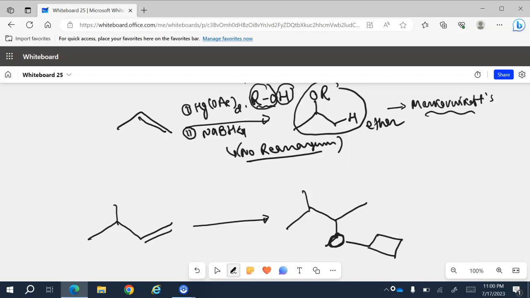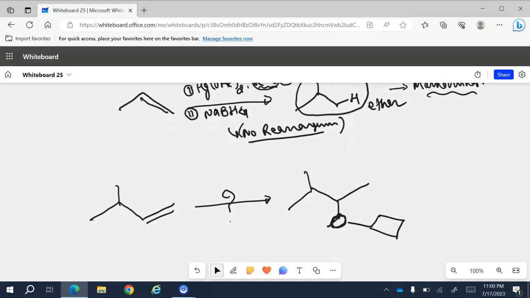Now the question is, what is the reagent that you wanted to use? If you have the idea about alkoxymercuration demercuration, we can easily achieve this. What you need to think is, across this double bond, we have added hydrogen to one carbon and then this alkoxide group to the other carbon. So that is how you should be able to achieve this.